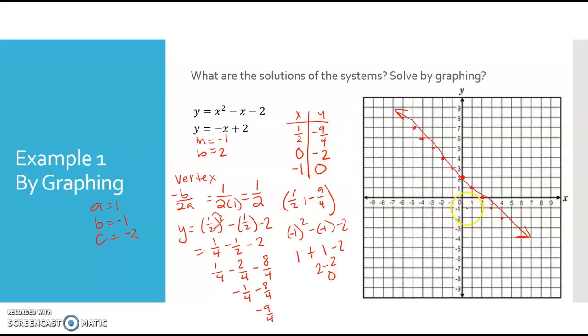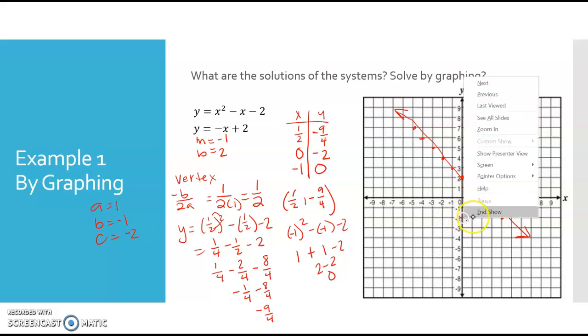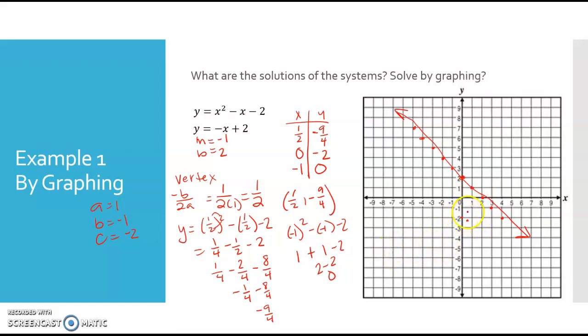Alright, so I know that I have a vertex at 1/2, negative 9/4, which would be 2 and 1/4. So approximately here in the middle of that box. We know we have a point at 0, negative 2, which is really close to that point we have right there. And then we have a point at negative 1, 0. Now, for the sake of trying to actually cross this line, I'm going to also plug in negative 2.